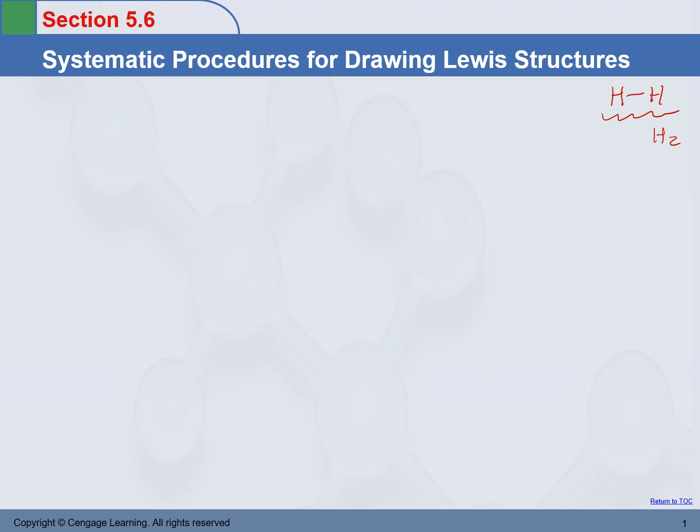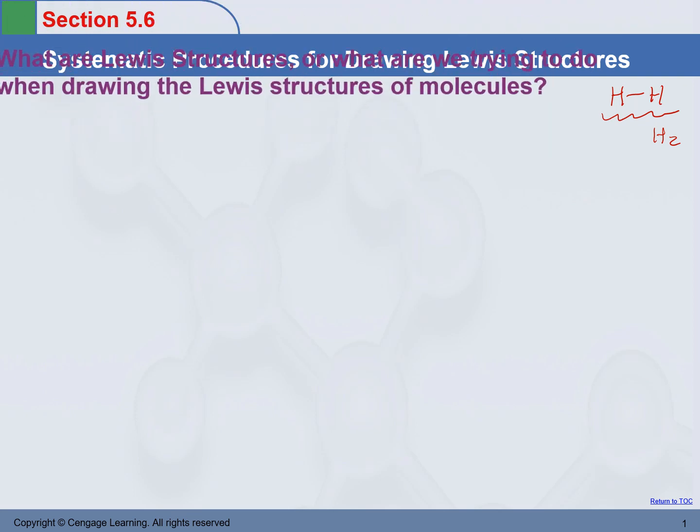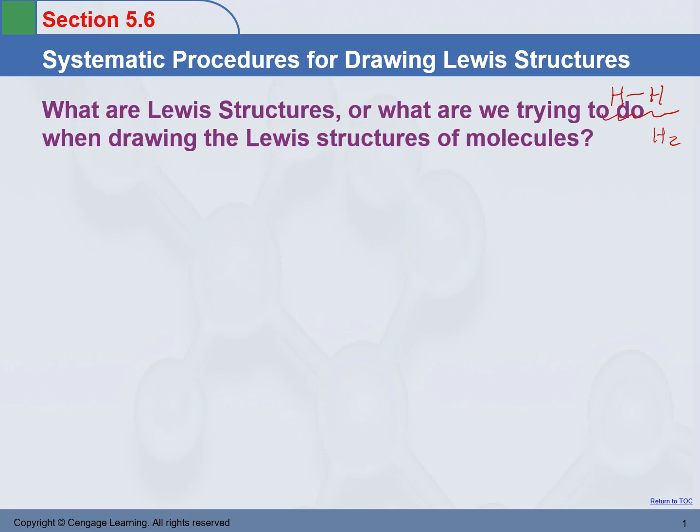So we're going to go through a systematic procedure for drawing Lewis structures today. Well, before that, let's make sure we do understand what Lewis structures are, what we are trying to do when drawing the Lewis structures of a molecule.